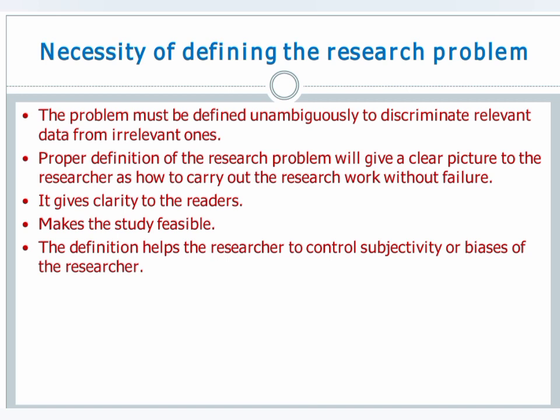So an individual must follow the scientific methods to find out the solution of a particular research problem. And this proper definition of the research problem will also control the biases of the researcher.